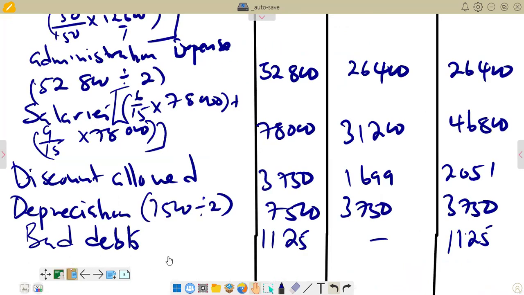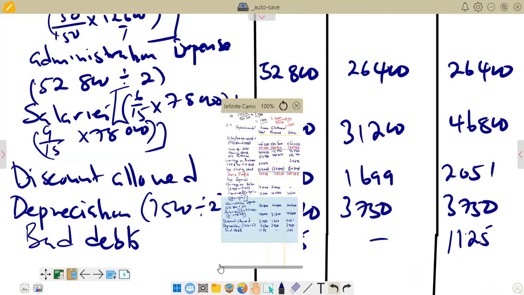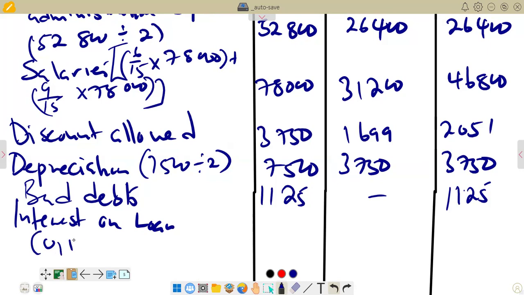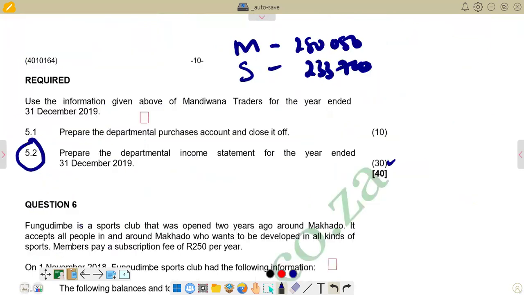We are now saying interest on loan. And we are saying 12%, 0.12 times the total loan that we have. Remember the figure, just check the actual figure that we are given there.